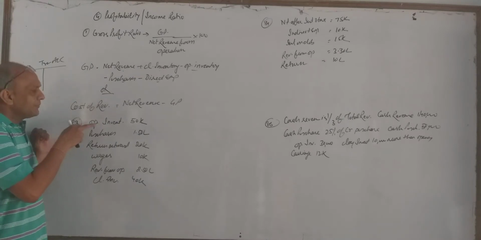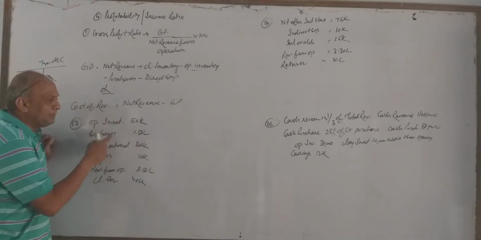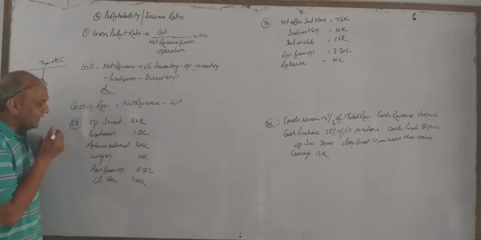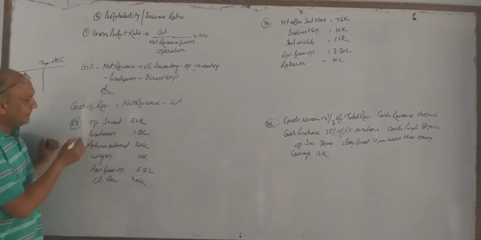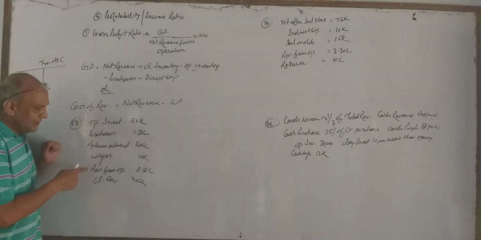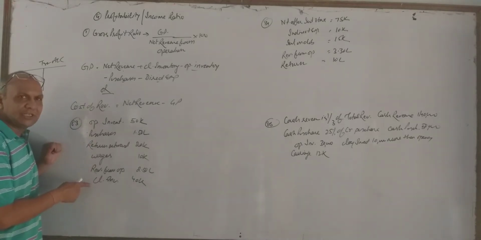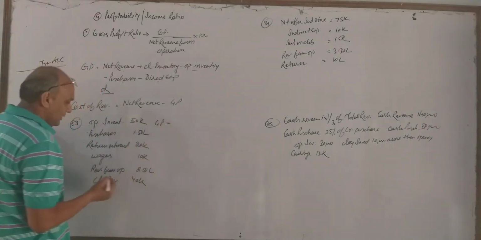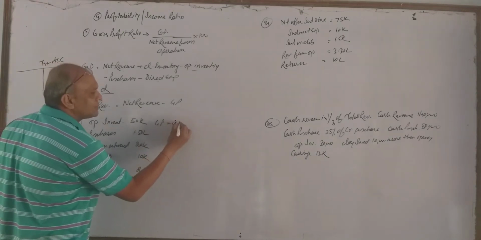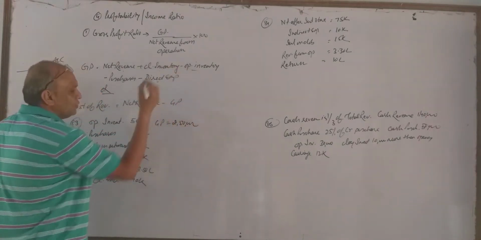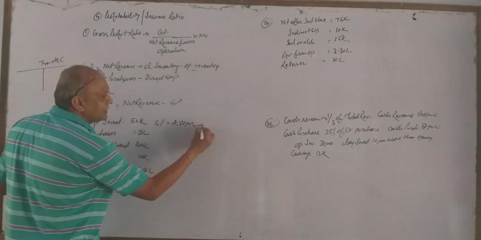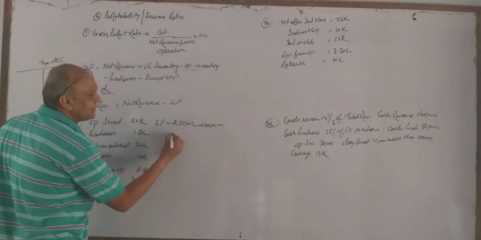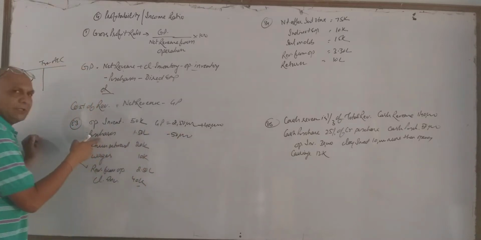Illustration 83. Opening inventory 50,000, purchase 1,50,000, return outward, it is purchase return, and this purchase return is to be deducted from purchases. Then we have revenue from operation and closing inventory. Let us utilize this formula. Gross profit is equal to net revenue 2,50,000 plus closing inventory 40,000, minus opening inventory 50,000, minus purchase.